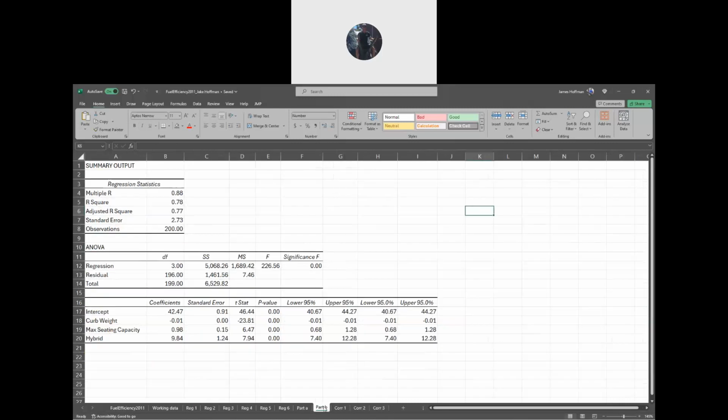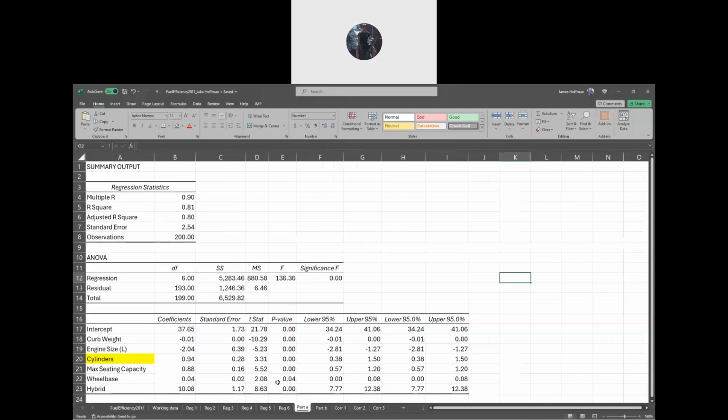Okay. So part B would be this one where you put in the model with curb weight, seating capacity, and hybrid. So just make a note that there's 2 ways to look at this. If you want the best middle model to predict Y, you want to use part A because it has a higher T-stat. You don't care about correlation.